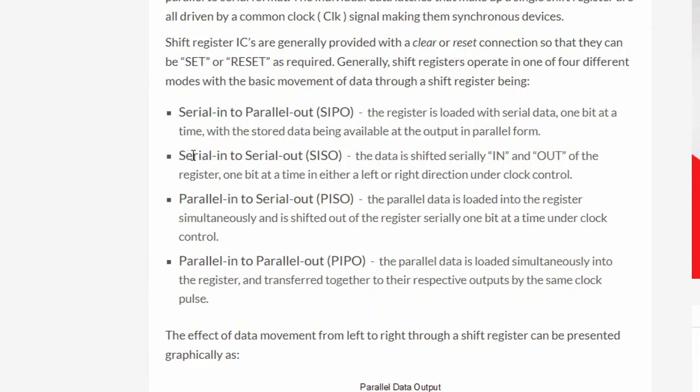Or I can send it out serially, like what we saw on the Johnson counter. It goes serial in, it comes out parallel, like what we saw on the Johnson counter. But in this case, I can also have it serial in, serial out, or I can have parallel in on all 4 lines, parallel input, but read it out serially, or I can have all parallel in, parallel out.